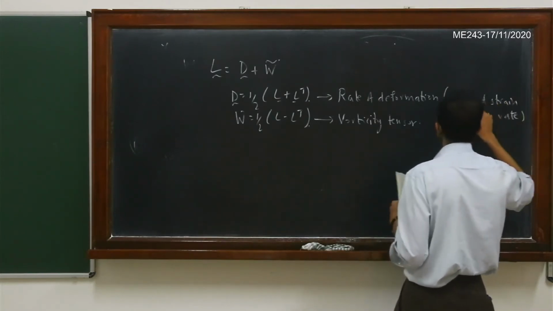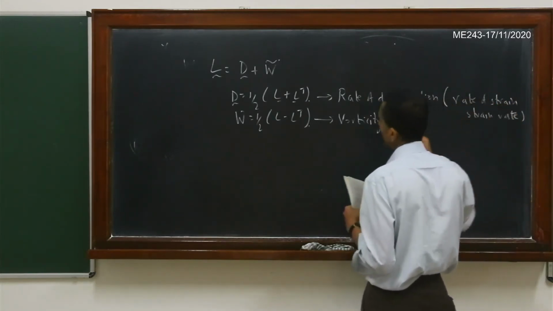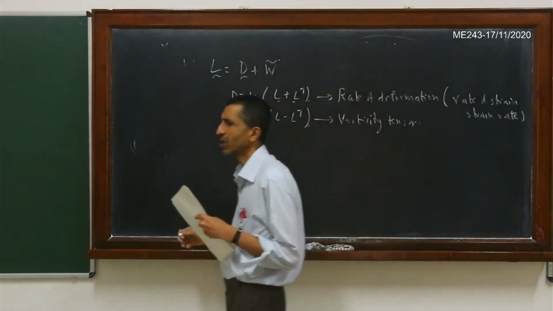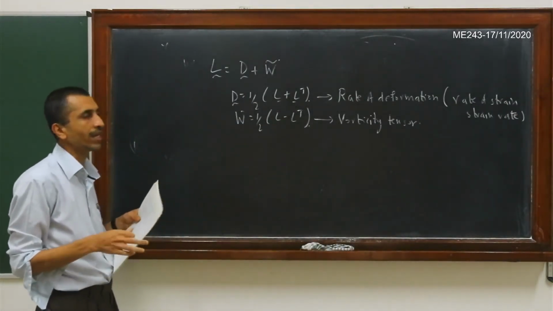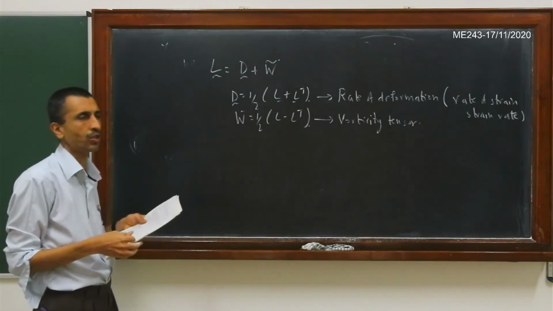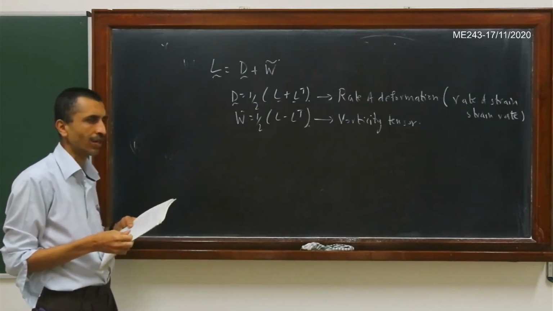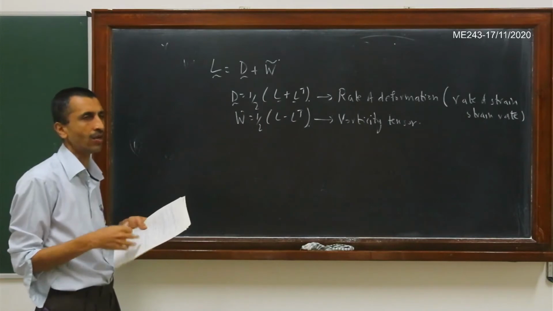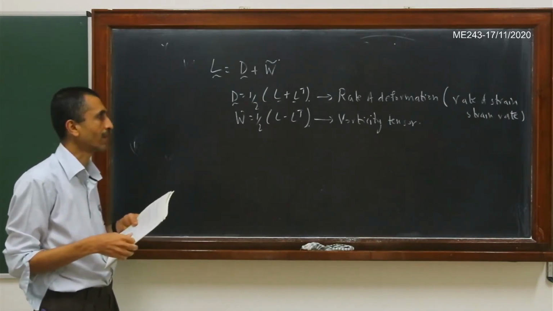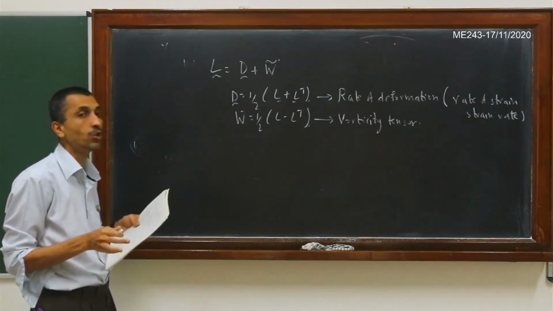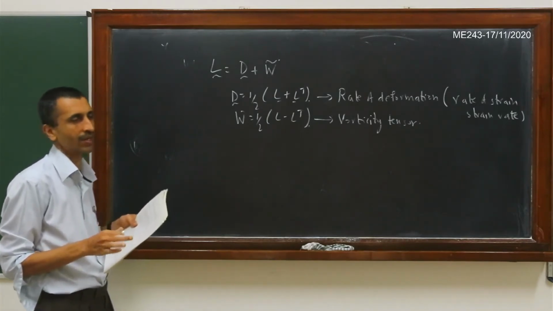Actually, maybe this terminology may not be so appropriate, because D is not the rate of any strain. Later on we will show that it is neither the rate of the Lagrangian strain nor the rate of the Eulerian strain or any strain for that matter, but it has the same units as a rate of strain.